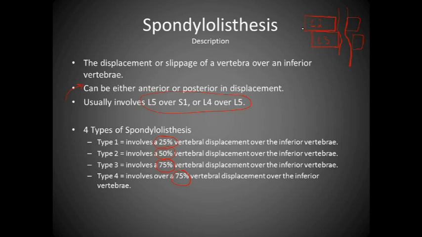So if you look at this, we have this much of slippage, which is probably equal to about 25%. If we were to have over 75%, you're looking at an instance where something like this, and so there's going to be severe impairment of the spinal cord.